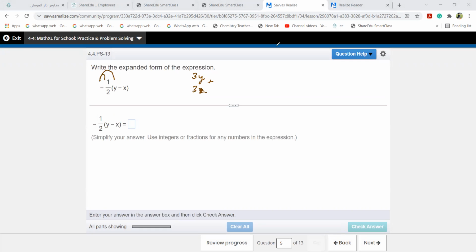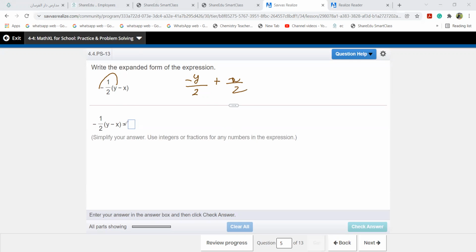Lean, tell me what is the answer? Minus y over 2 plus x over 2. Okay, because see, when you multiply 1 with something in the numerator, there's nothing. 1 with y, you get y. Then 1 with x, you get x.